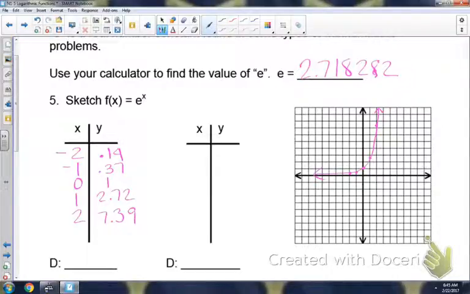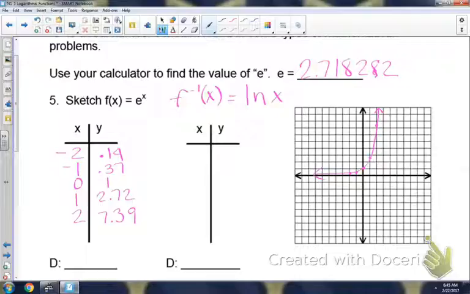All right, so we discussed that whenever you're finding the inverse of an exponential, you get a log. When the base is e, it's a natural log. So you're going to write ln of x. So that is the inverse.